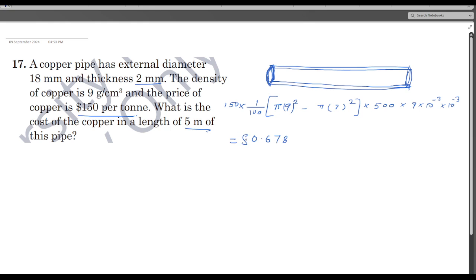This much in dollars. A copper pipe has external diameter 18 mm, thickness 2 mm, density is 9 gram per centimeter cube, and the price of the copper is 150 per ton. What is the cost of copper in a length of 5 meter of this pipe?